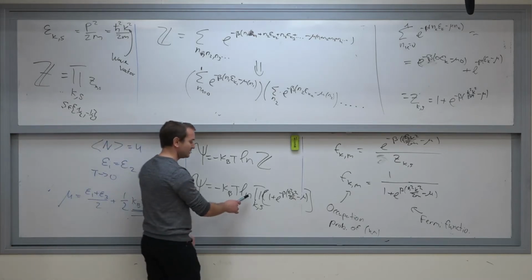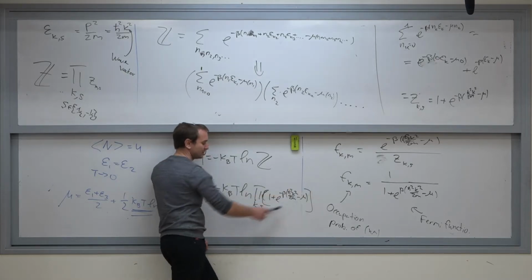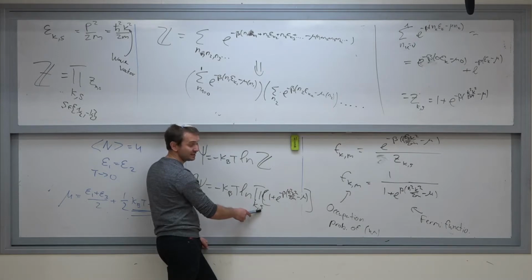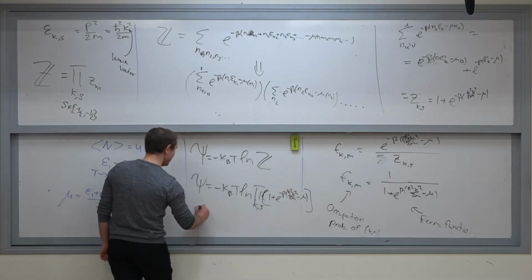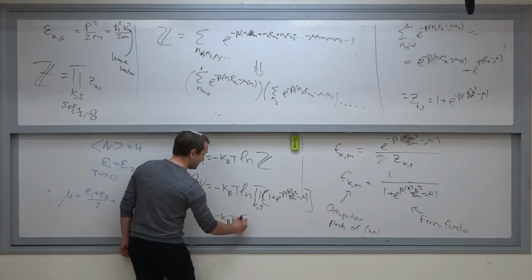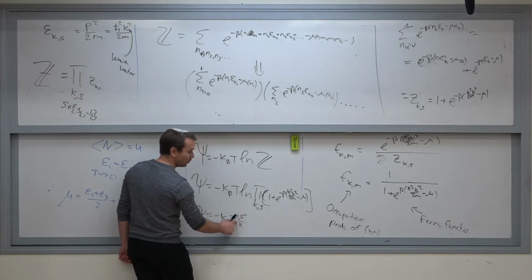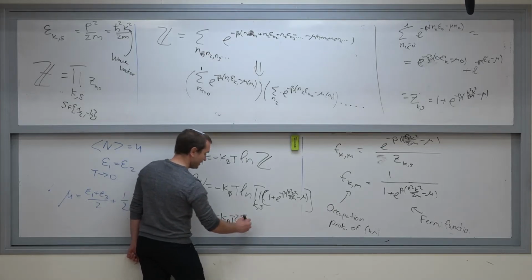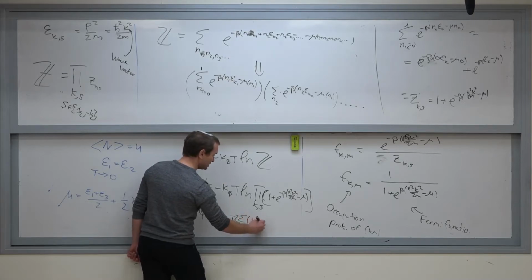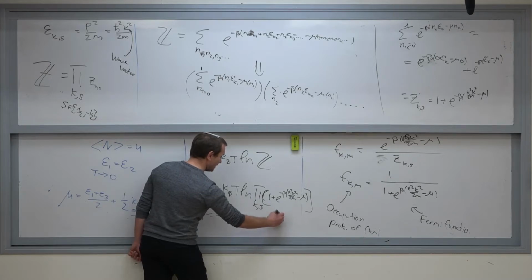Since a logarithm of a multiplication is the sum of logarithms, and here I would have a second power after multiplying everything over different s's, in total psi equals minus k Boltzmann T, a summation over different k's, with a factor 2 because of the degeneracy, of the log of 1 plus e to the power minus beta, h bar squared k squared divided by 2m minus mu.